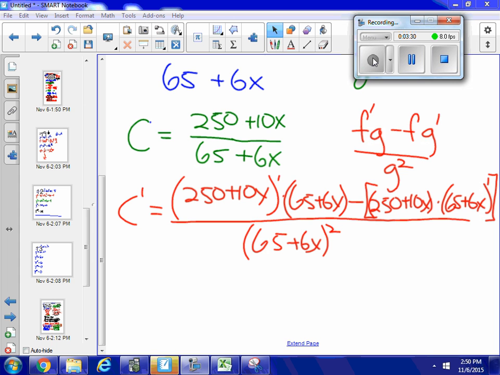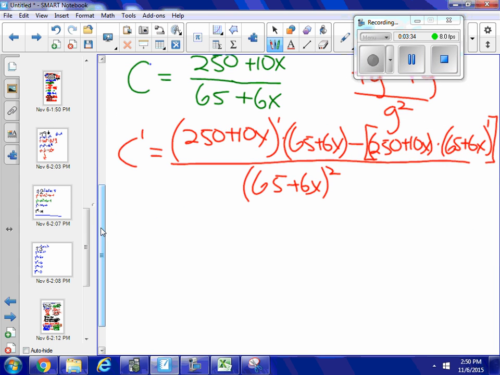Isn't this awesome that we can actually do this with math? It's amazing. So C prime is equal to, well, the derivative of this piece right here is 0 plus 10.